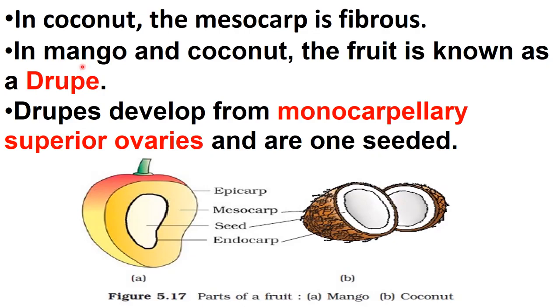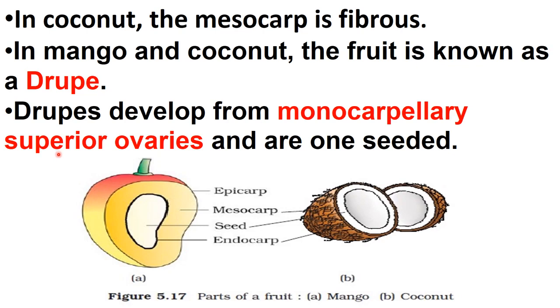So in mango and coconut, the fruit is known as a drupe. Now what is the meaning of drupe? Drupes develop from monocarpellary superior ovaries. So there are two things. First is monocarpellary, meaning a single carpel is present, and the ovary is superior, right?